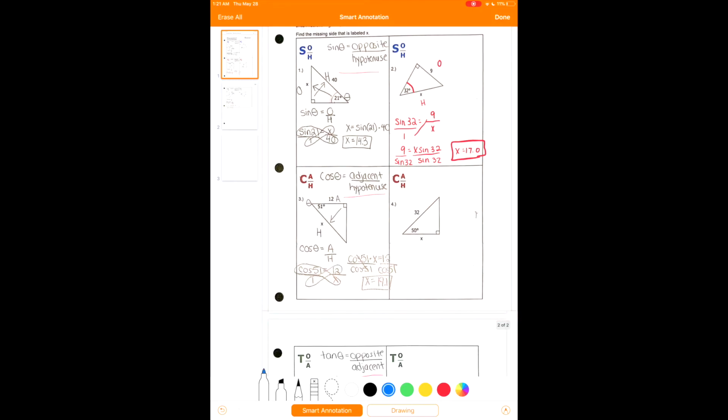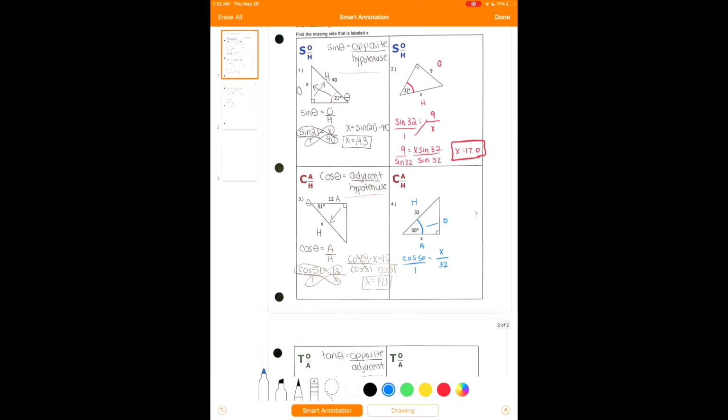Moving on to number 4, I'm now moving to the cosine function. So again, I know the side across from my angle is my O, the side across from the right angle is the H, and the side next to my angle is going to be A. So I'm going to use cosine of 50 equals my A, which is my X, over my H, which is 32.